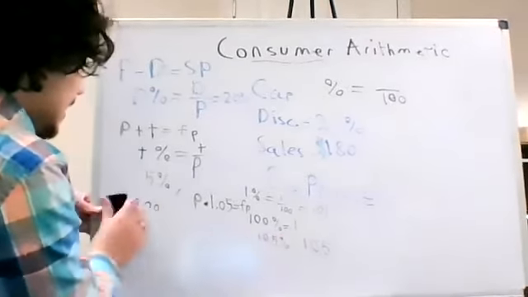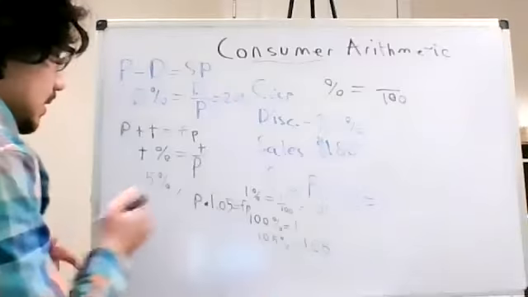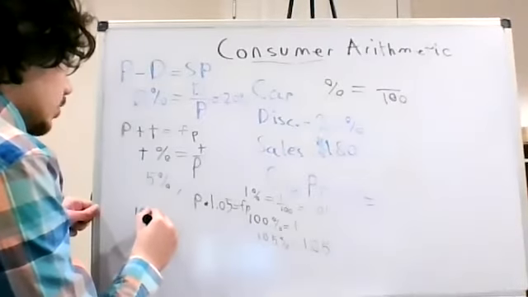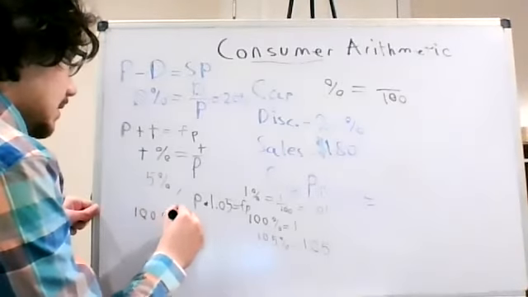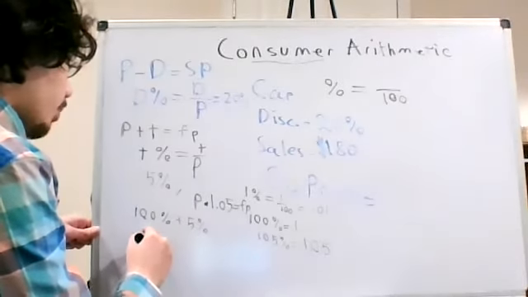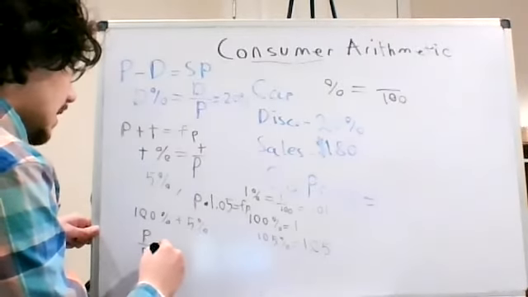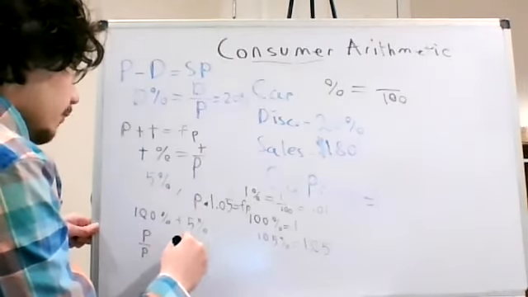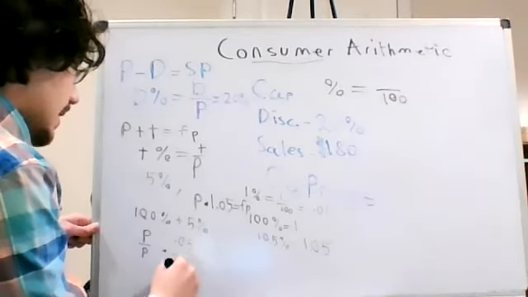What we are doing here is how we said 100% plus 5% is the same as the price over the price times 0.05 over the price.